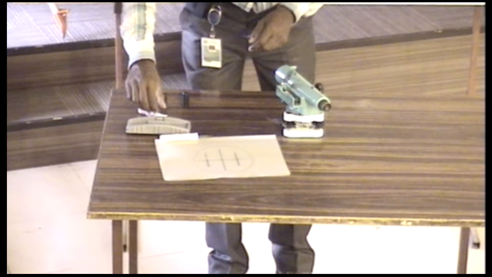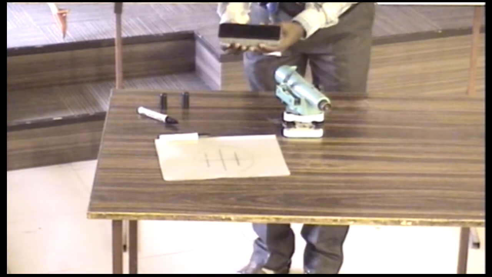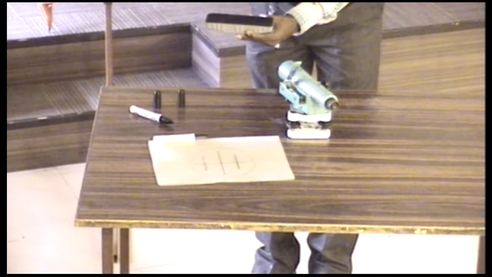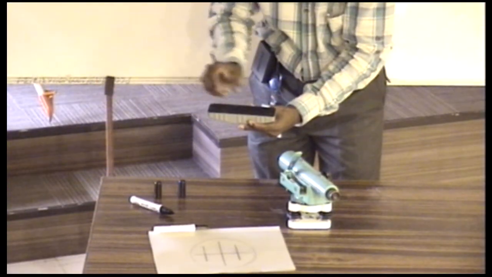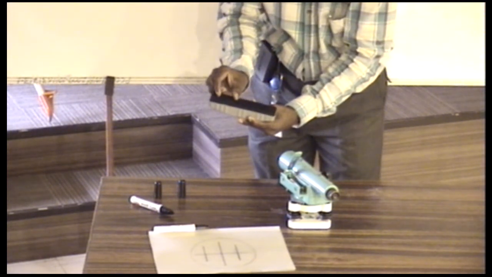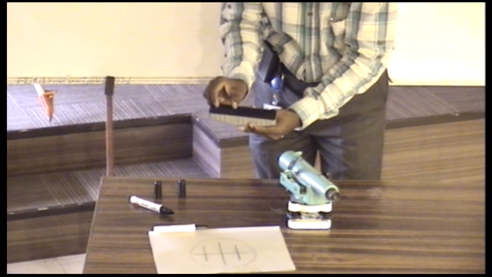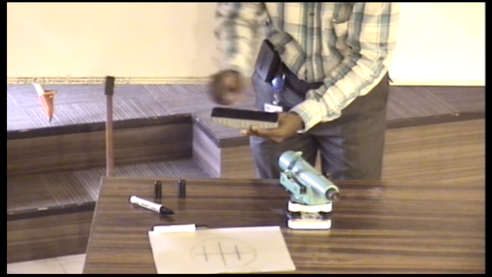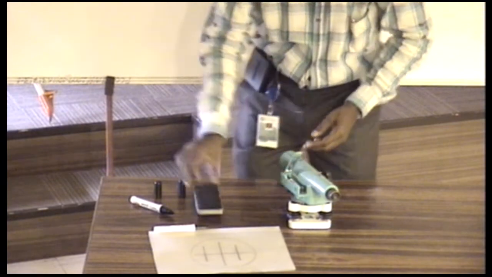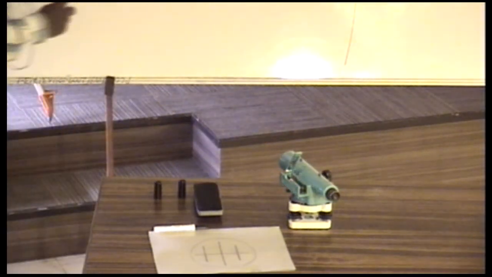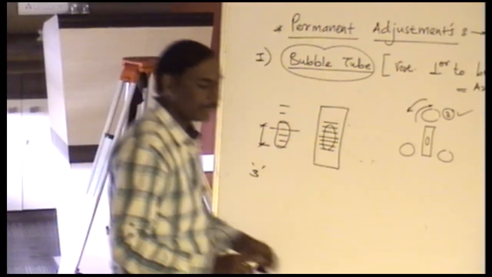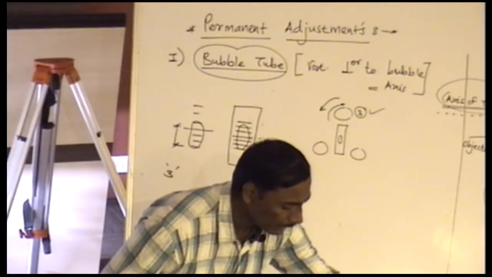So what will happen is, say if this is the bubble tube, if the bubble is here, I want to lift it up. So what I will do is, I will loosen the capstan screw. The moment it turns like this, the bubble will move up. Or if it is over here and I want to take it down, I will tighten the capstan screw, and the bubble will go down. So this is the adjustment for bringing it. Now it was 3 divisions. Again you check by turning the telescope by 180.